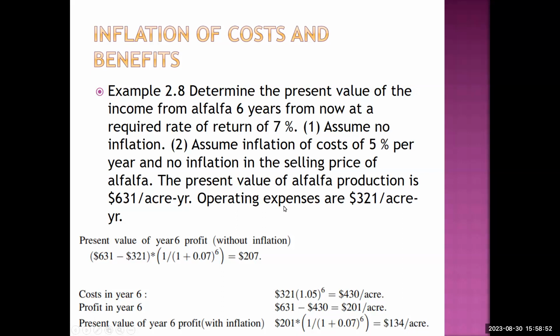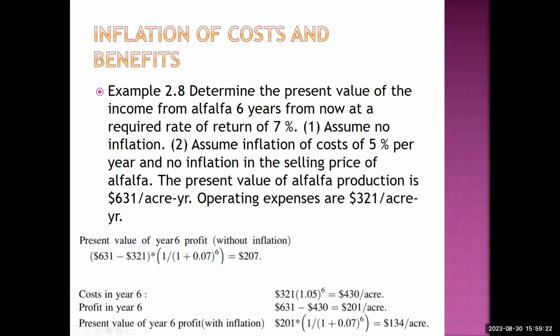Determine the present value of the income from alfalfa 6 years from now at a required rate of return of 7%. Assume no inflation for the first case, and then assume inflation of costs of 5% per year and no inflation in the selling price of alfalfa. The present value of alfalfa production is $631 per acre per year, and operating expenses are $321.